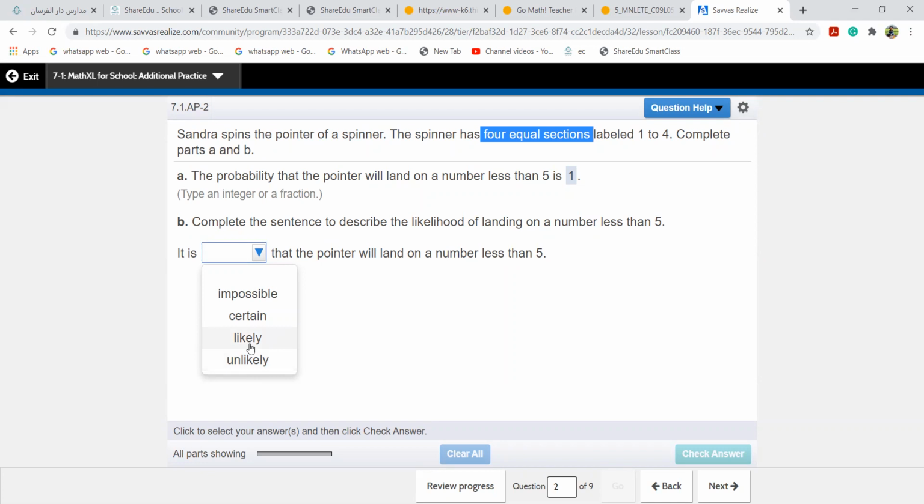If I get 1 out of 4, that means it is not likely, it is unlikely. Understood? And if it is 8 out of 4, it is impossible. Nobody can get 8 out of 4. So it is likely. Why did I put likely? Because I got 4 out of 4. Less than 5, 4, and then you have 4 equal sections.